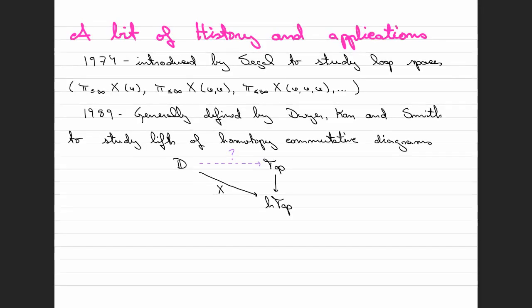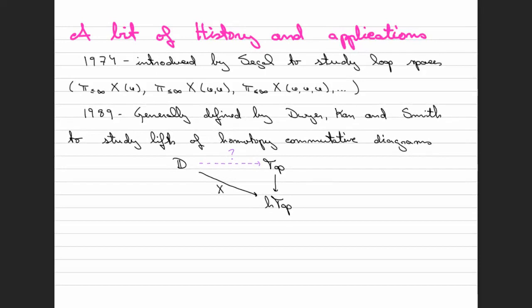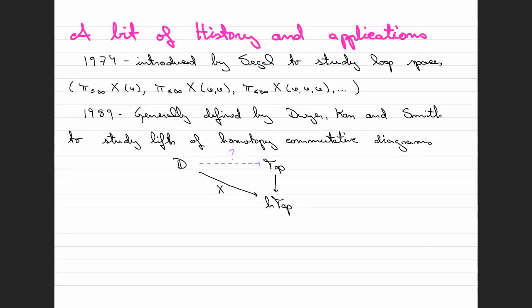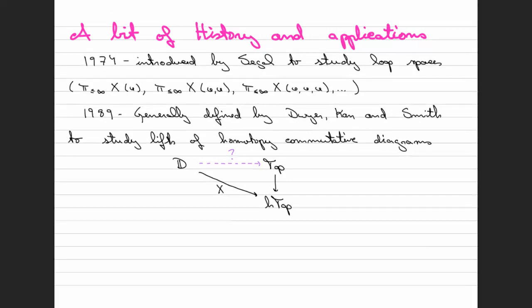They were introduced in full generality by Dwyer, Kahn, and Smith a few years later when they were studying the following question. Suppose I give you a homotopy commutative diagram, so a diagram of shape V valued in the homotopy category of topological spaces. When is it the case that we can lift it to an honest commutative diagram of topological spaces?